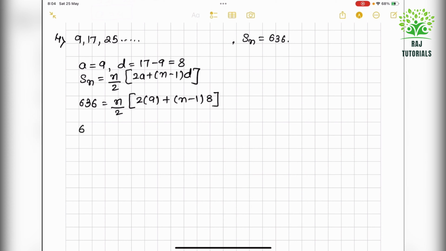So 636 into 2 will be equal to 18 plus 8n minus 8, into n.